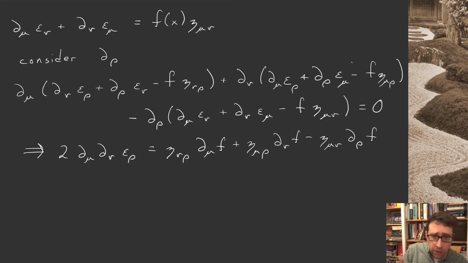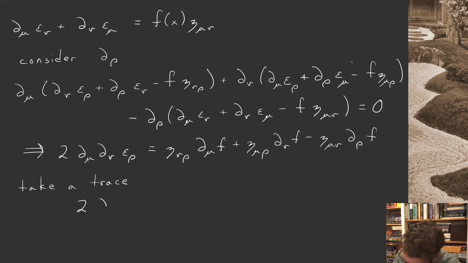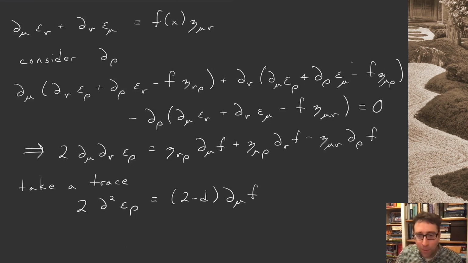Okay? These are the only 4 terms that survive from the original 9. And so now, what do we want to do? We want to take a trace again, contract with the Minkowski tensor, and we see what we get. We get 2 times the Laplacian acting on the epsilon vector is equal to 2 minus d times d mu f. Okay, we're slowly getting somewhere.